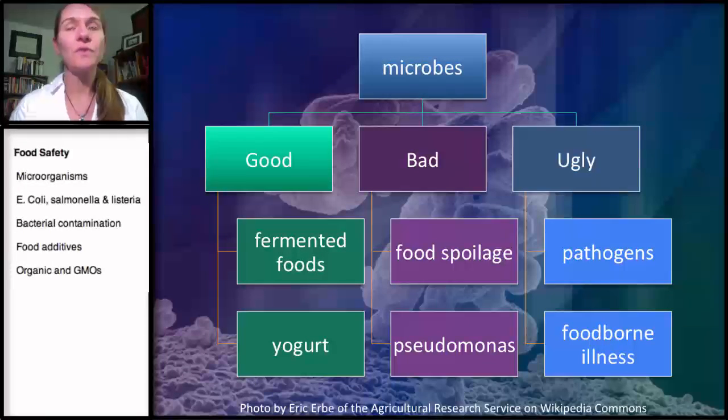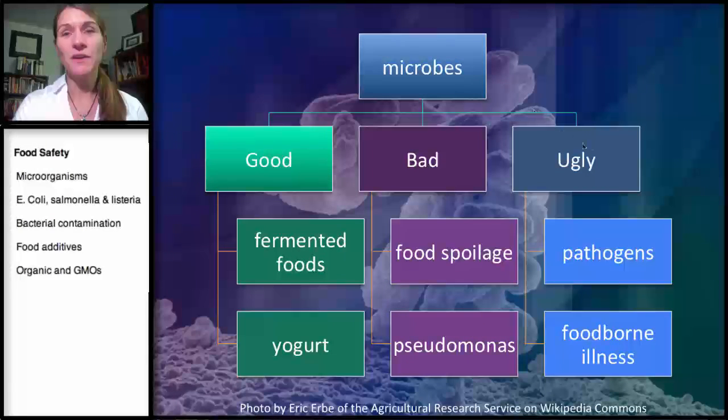Well, this is food spoilage, and the most common cause is Pseudomonas, but this is generally not a pathogen, meaning it's generally not going to lead to a foodborne illness, or at least the severe ones, which we're going to talk about. If you eat food that's spoiled, you may not feel good, and there's a potential of getting some sort of illness from it, but generally the bacteria that cause food spoilage do not cause foodborne illness.